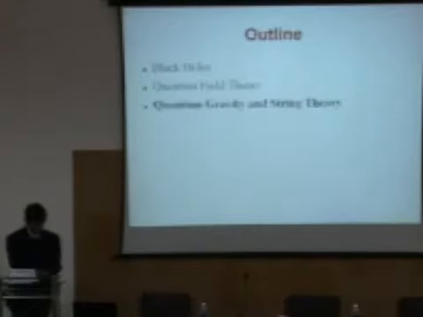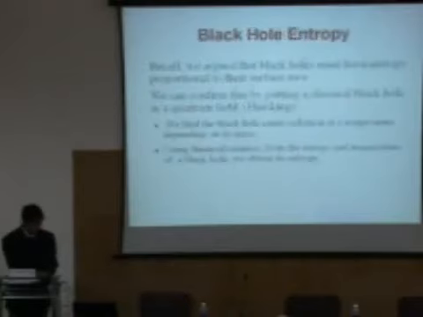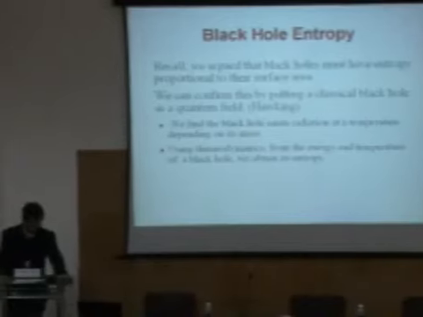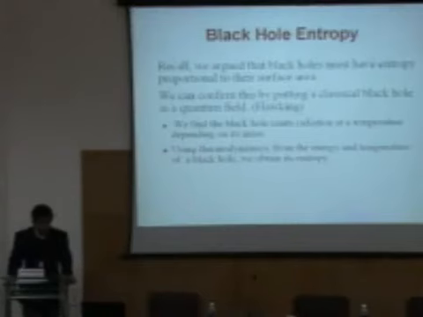So now quantum gravity and string theory. Armed with knowledge of quantum field theory, now we can try and make black hole entropy more precise, where we put the classical black hole into a quantum field. Hawking did that, and we find that the black hole emits radiation at a temperature depending on its mass.